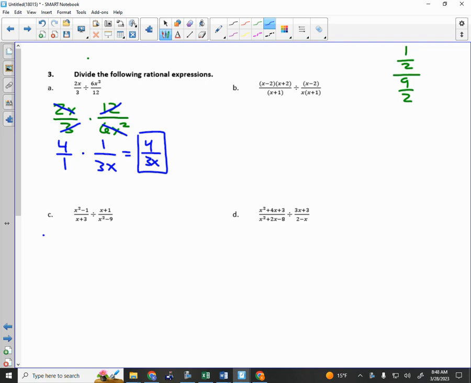As you look at example B, I have x minus 2 times x plus 2 over x plus 1. And instead of divide, I write multiply, and I flip it. X times x plus 1 over x minus 2. Which ones will reduce?